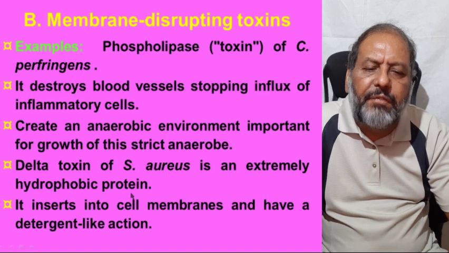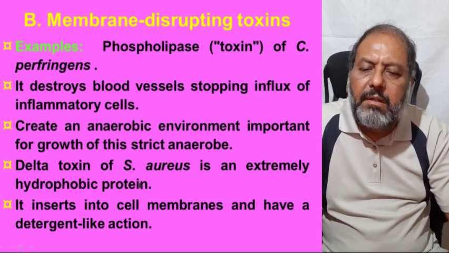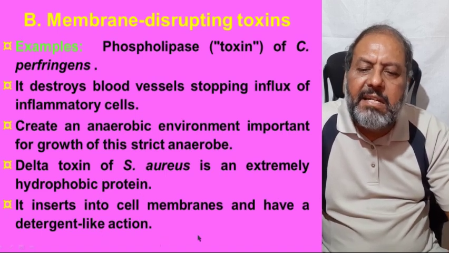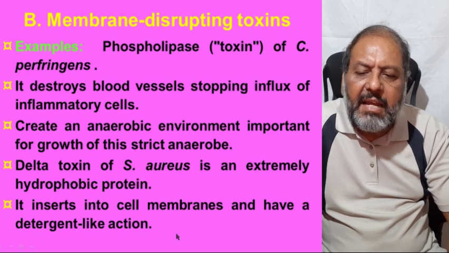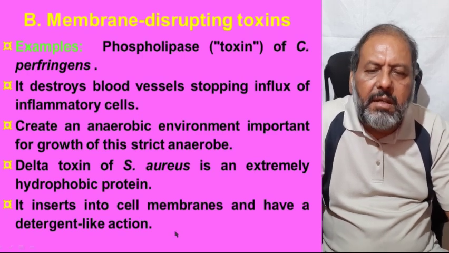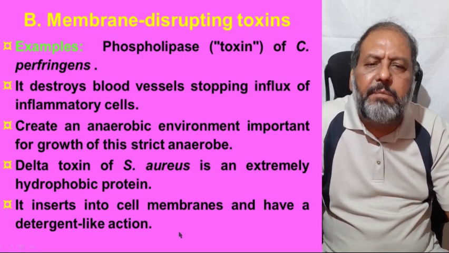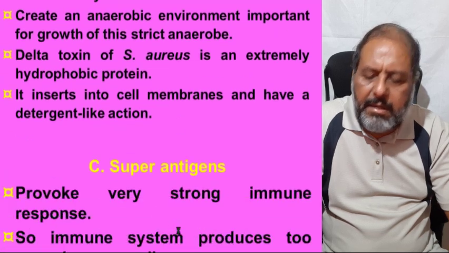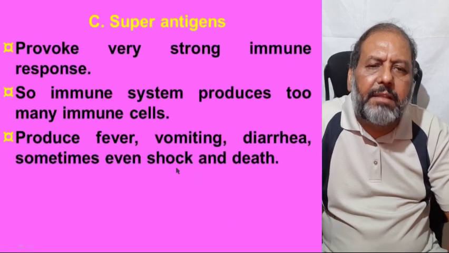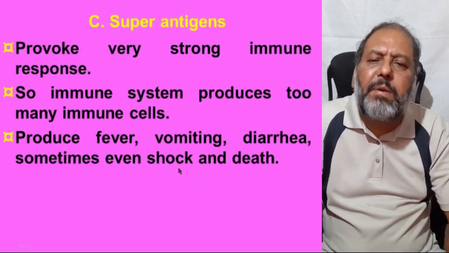Delta toxin of Staph aureus is an extremely hydrophobic protein. It inserts into the cell membrane and has a detergent-like action, makes a hole, and ultimately disrupts the membrane, causing death. The third variety is the superantigen.